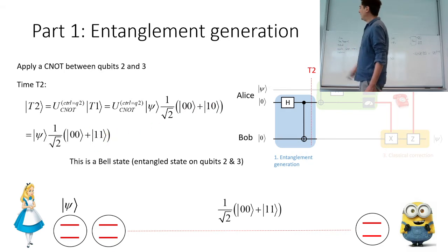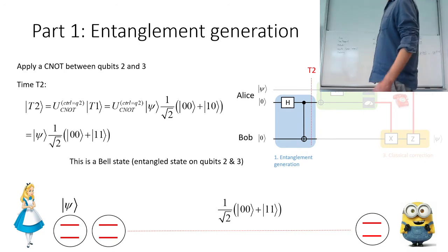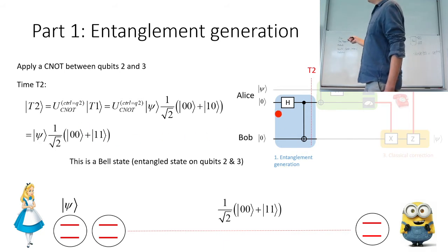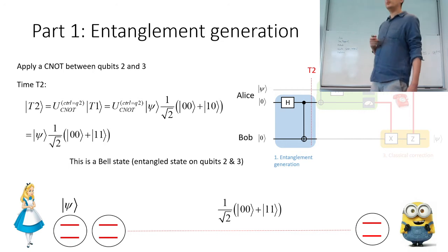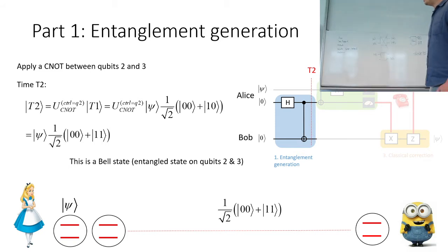Actually, we did something like this already a couple of lectures ago. After this blue block, we've got this state and then this 0, 0 plus 1, 1 state. That's the entangled state we've encountered before, also called a Bell state.